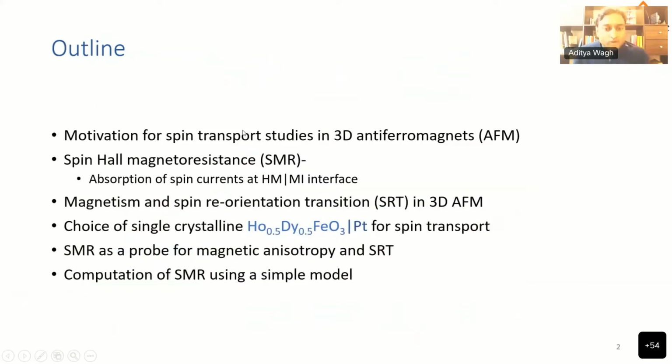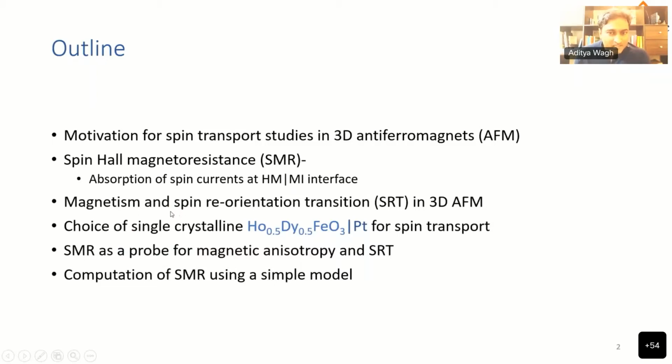So I have organized my talk in the following manner. First, I will discuss the motivation and relevance of doing spin transport studies in 3D antiferromagnets. Then I will give a brief introduction to spin Hall magnetoresistance, and in that I will discuss one phenomenological model to understand SMR in terms of absorption of spin currents at heavy metal magnetic insulator interfaces.